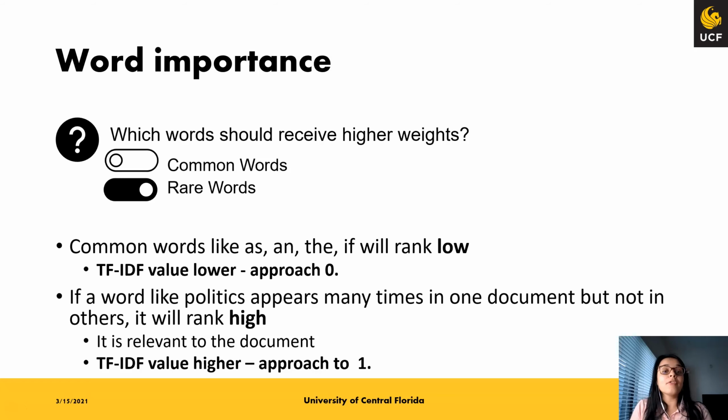So we will have a higher value that will approach 1. An example would be a word like politics that appears many times in one document, but not in all of the documents. So we know that this word is relevant for this specific document, and it's a rare word that does not appear in all other documents. So we will rank this word high.